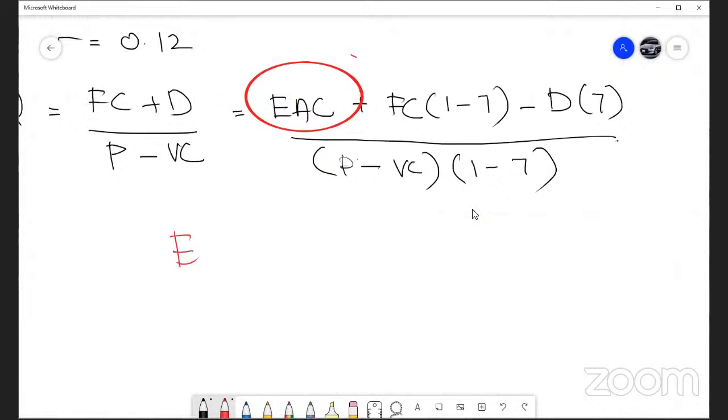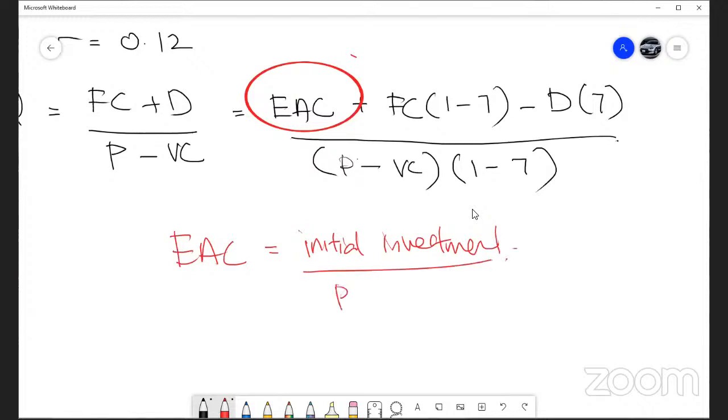So EAC equals initial investment divided by PVIFA. This is how you find EAC. This is the first method: initial investment divided by PVIFA.